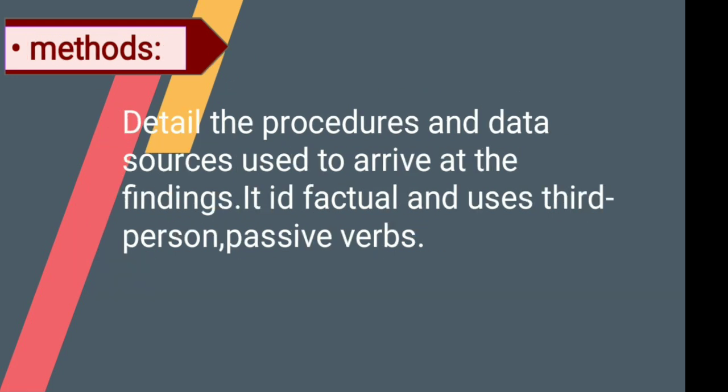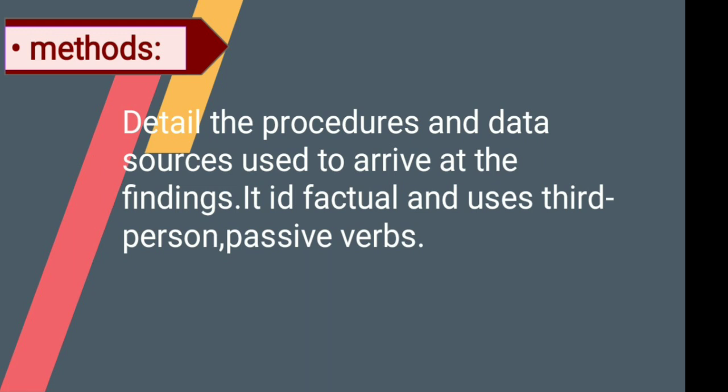Methods. The methods section details the specific procedures, techniques, and data sources that were used to arrive at the findings presented later in the report. This section should be written with enough clarity and precision that another researcher could potentially replicate the study or investigation.